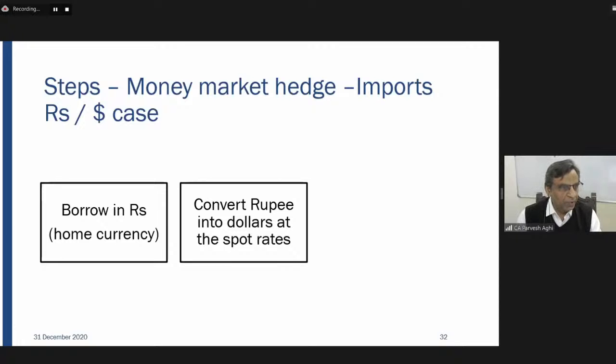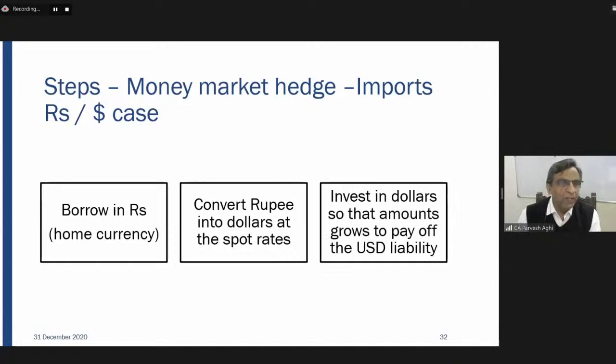First you borrow in India in rupees, convert those rupees into dollars at the spot rates, and invest in dollars so that the amount grows to pay your US liability. At the end, you pay off your liability from the money you have invested, and whatever is your outgo on account of the money borrowed in India is your total outflow on account of imports.